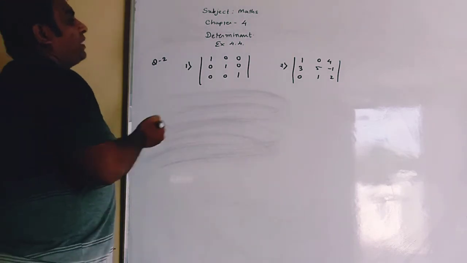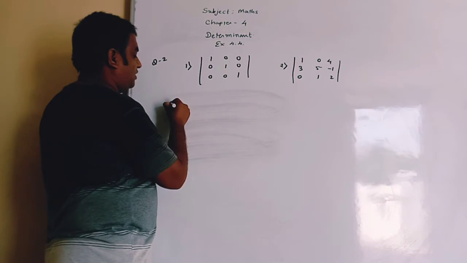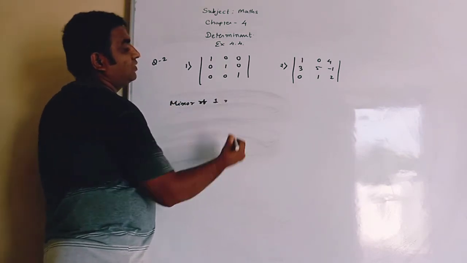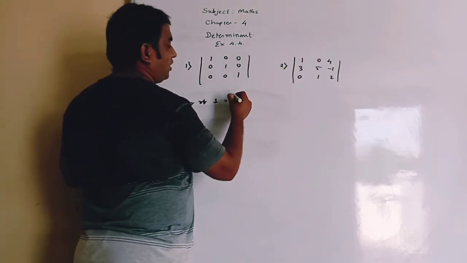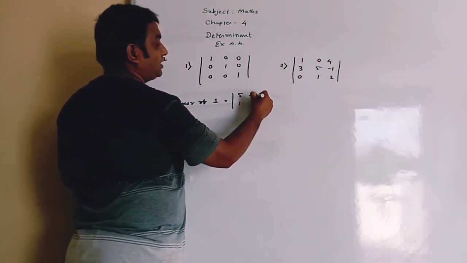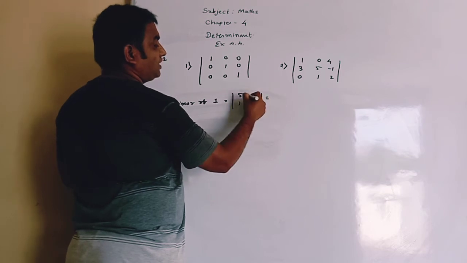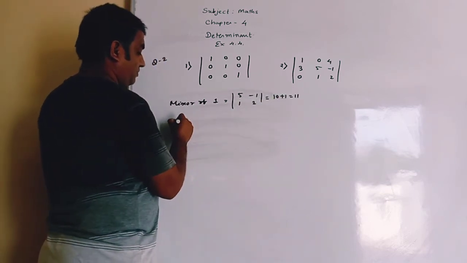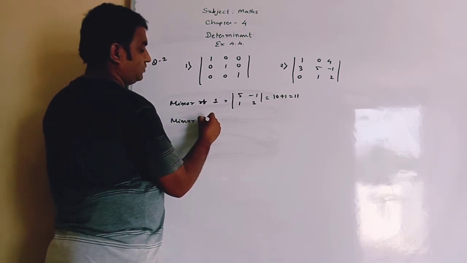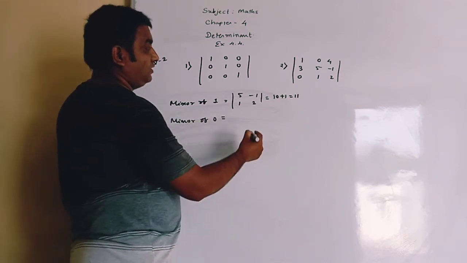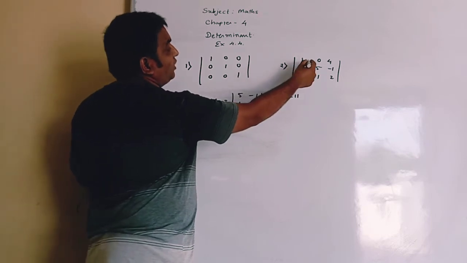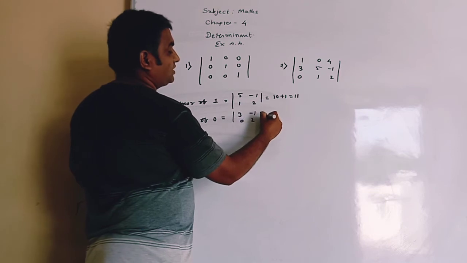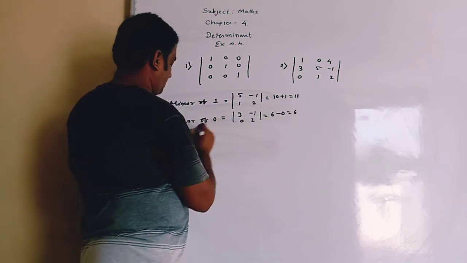Let's see here the matrix 1 0 4. So minor of 1, it will be 1 containing row and column we remove, then 5 1, minus 1 2, and so it is 10 minus minus, plus 1, 11. Minor of 0 will be, 0 containing row and column we remove, 3 minus 1, 0 2, it is 6 minus 0, so 6.